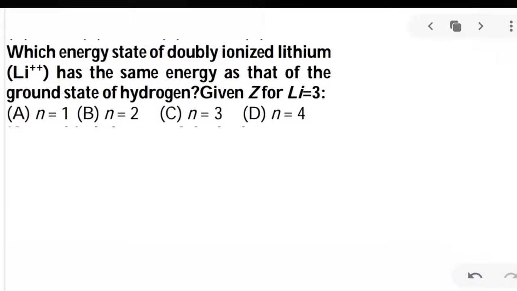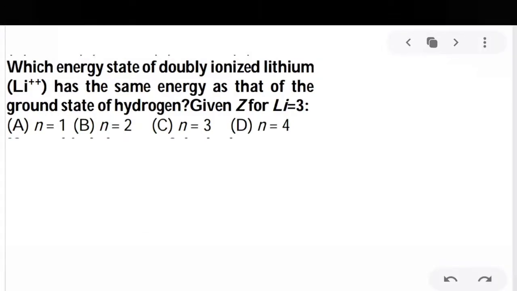Now in this question we have: which energy state of doubly ionized lithium has the same energy as that of the ground state of hydrogen? Given Z, the atomic number for lithium, is 3. Suppose the nth state of doubly ionized lithium, Li 2 plus, is equal to the ground state of hydrogen.